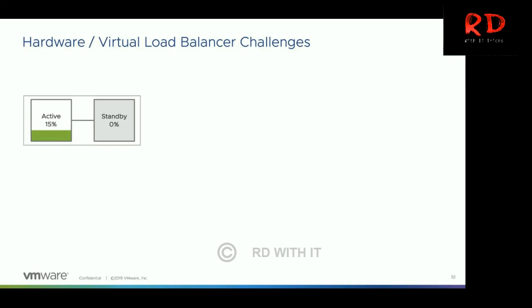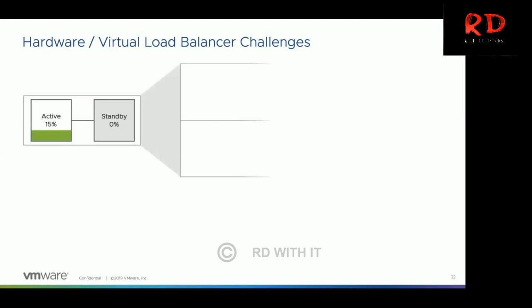Actually it's worse than only using 15%, because you've got a standby unit as well. So you've essentially bought like 185% of the capacity you need right at the start, because it's active standby.